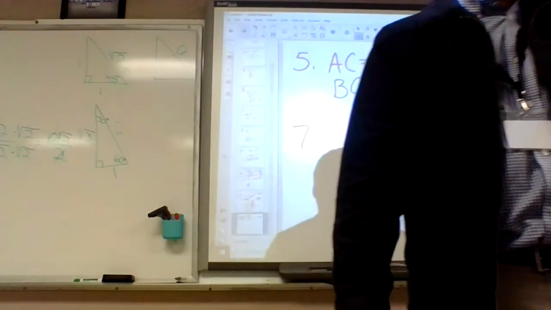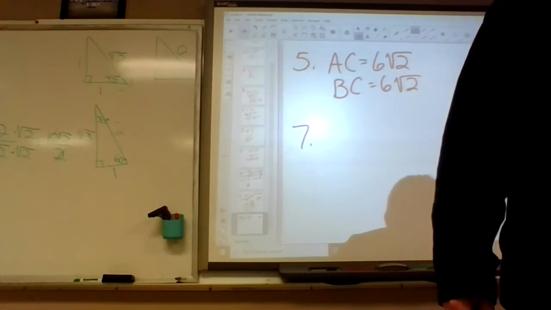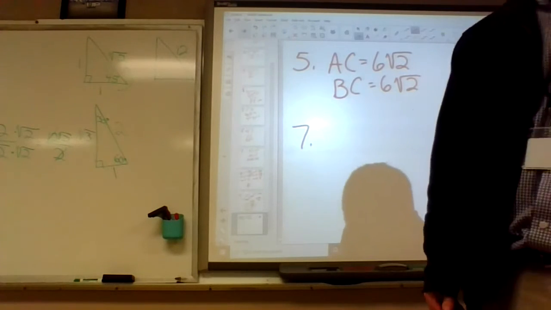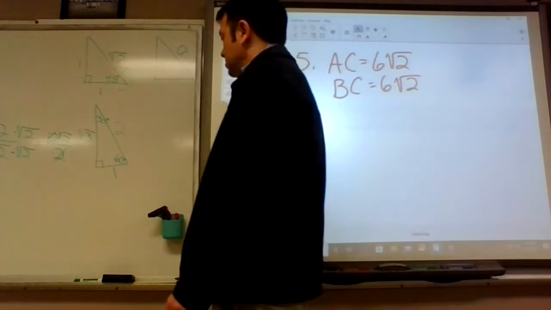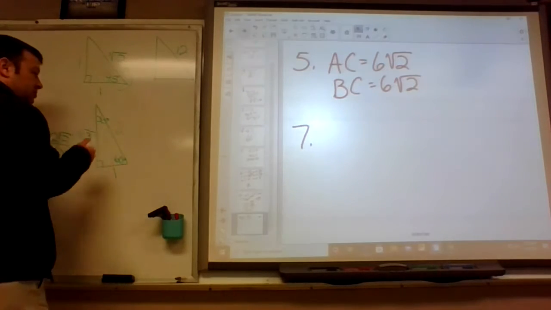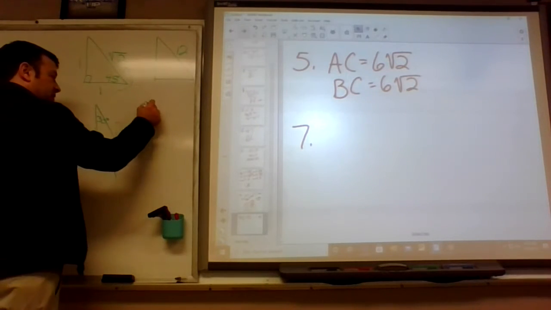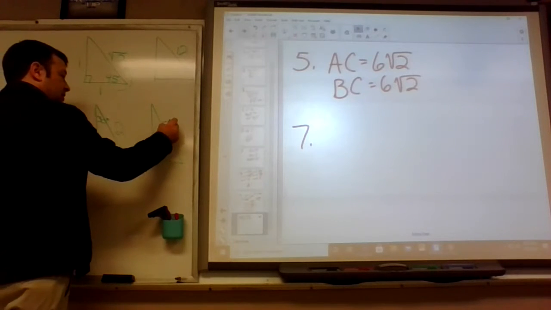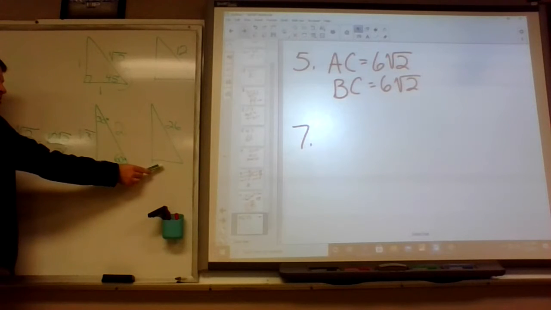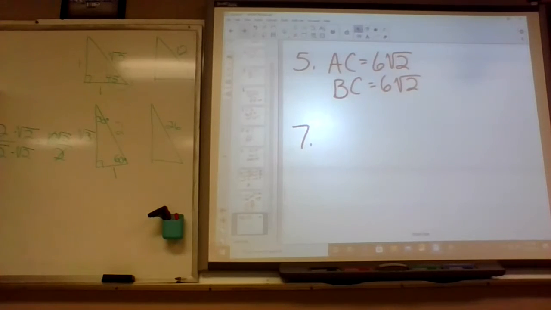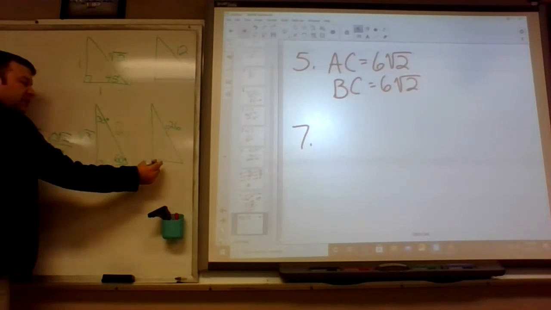Okay, 7. 7 is tricky. MN is 26. MN is the hypotenuse on the 30, 60, 90. Okay, so if the hypotenuse is 26, what is the short leg going to be? 13. Yeah, it's going to be half, divided by 2.